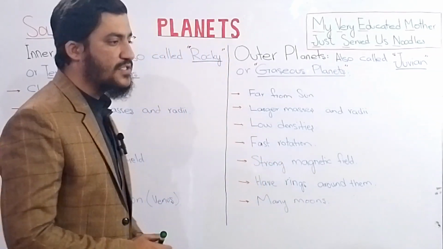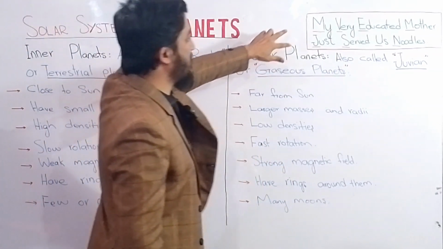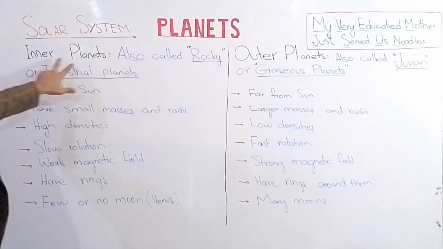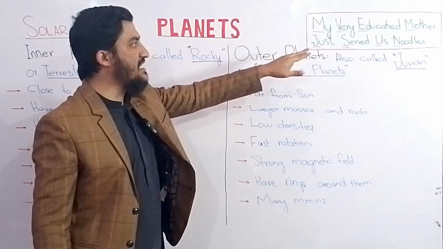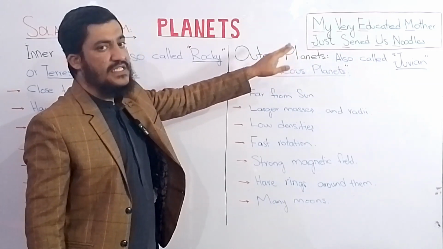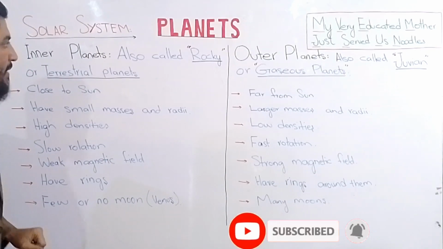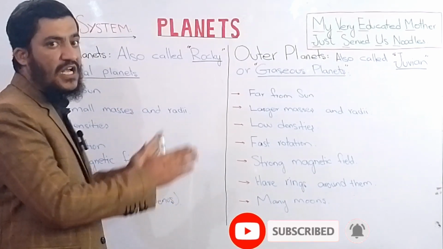So there are 8 planets, and this is the sequence. The first four are the inner planets, and the second line, Just Served Us Noodles, means Jupiter, Saturn, Uranus, and Neptune, the outer planets. Now we will learn the difference between the inner planets and the outer planets.